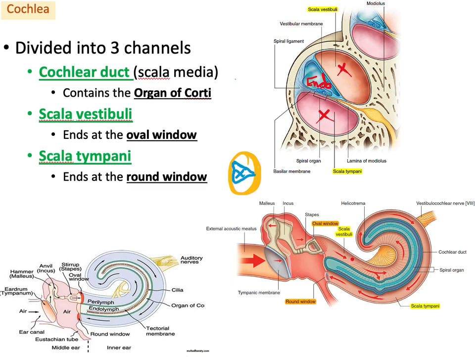So, as I mentioned, the sound vibration, of course, moves by the stapes and oval window here, moving the perilymph. We'll talk about more. This is the cochlear duct here.